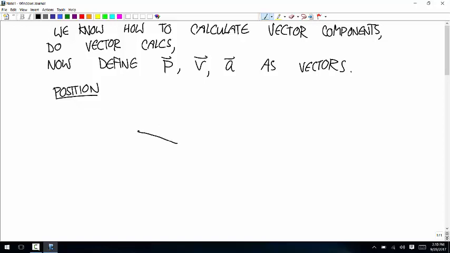So if you think of the position vector as the location of this train again. This time the train isn't confined to a track, so it has wings.